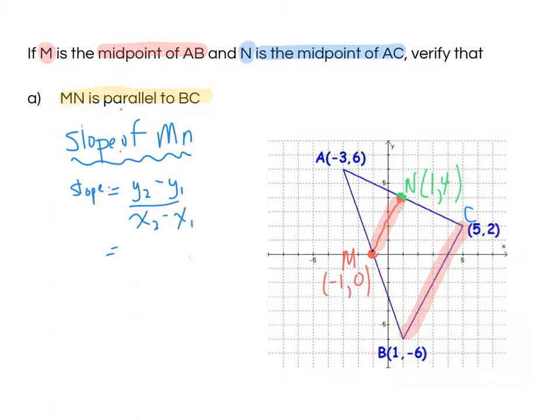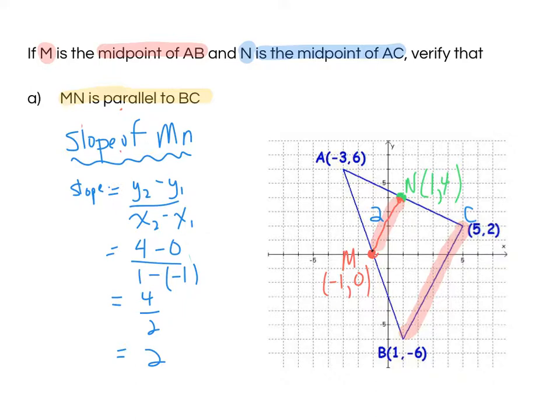And so going through that calculation, y2 is 4, and I'm going to subtract y1, which is 0, divided by 1 minus negative 1. And so that gives me a value of 4 over 2, which works out to 2. So I know that the slope of MN is 2, and I'm just going to write that in there.